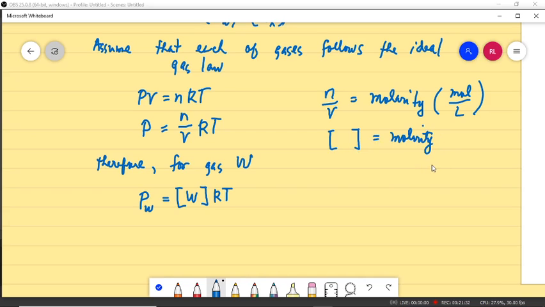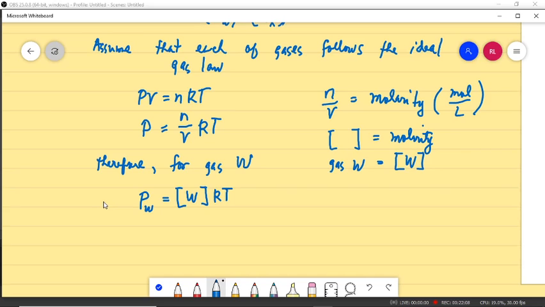So the concentration of gas W is this one. So that is why for gas W, P sub W is equal to the concentration of gas W times RT.